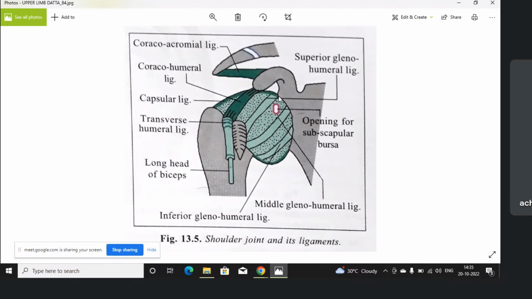Above, it is attached to the intermediate part of the anterior margin of the glenoid cavity.